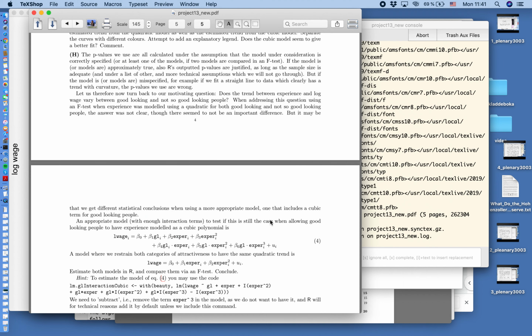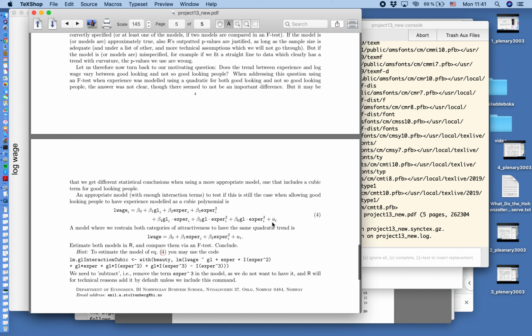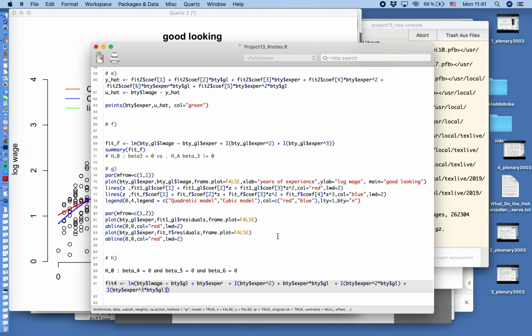Now it says in the exercise that R will add this term by default if we do not subtract it in the model. So we'll believe that that is true and we'll subtract it. The point is that it's so common, when you have an interaction term, for example between x squared and GL, that you also have the x squared term separately.